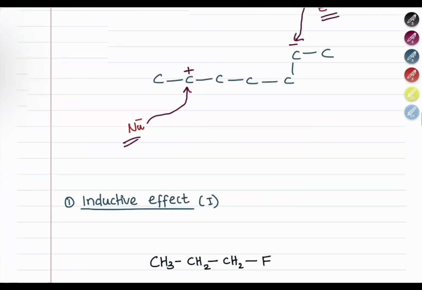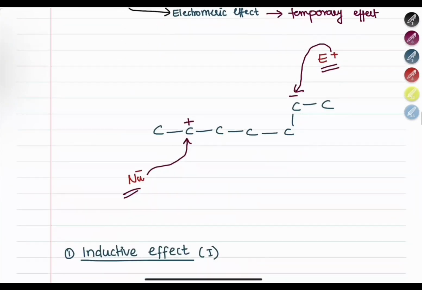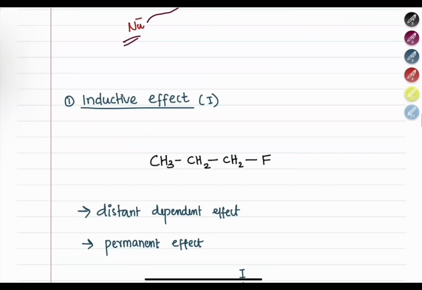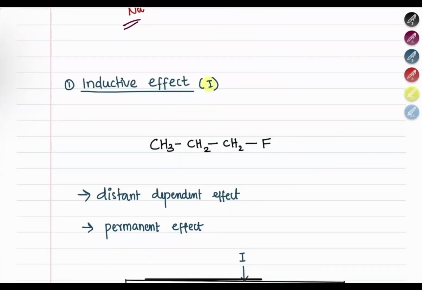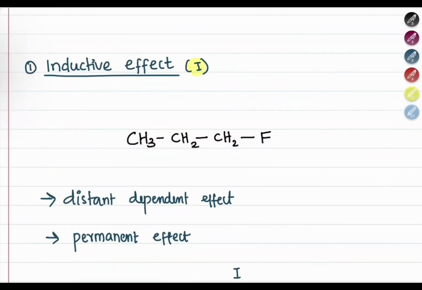The first electron displacement effect is inductive effect. The inductive effect we will denote using I. We will explain this using a molecule. Suppose this is a molecule. Here we can see a carbon-fluorine bond. If you look at the bond between carbon and fluorine, this bonding electron will move slightly towards fluorine due to the high electronegativity of fluorine.